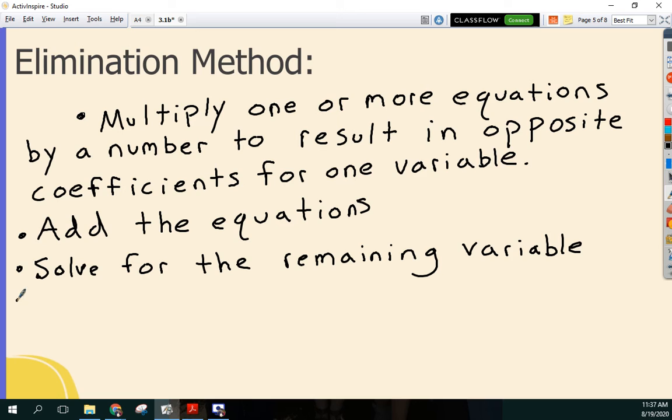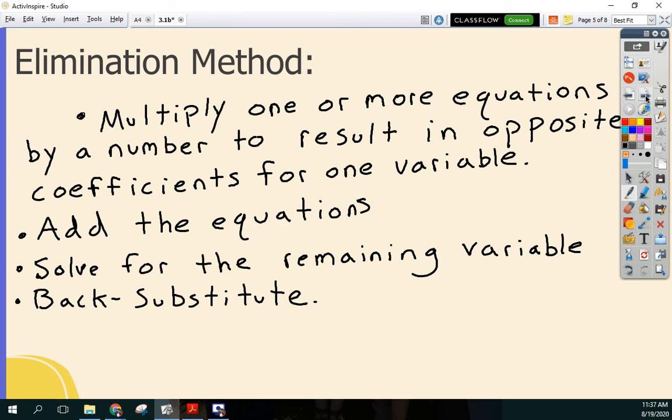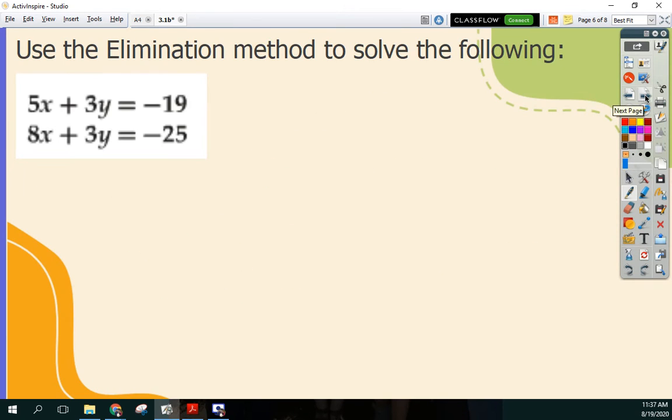And again, back substitute. So like I said, let's look at an example of what this actually means practically.